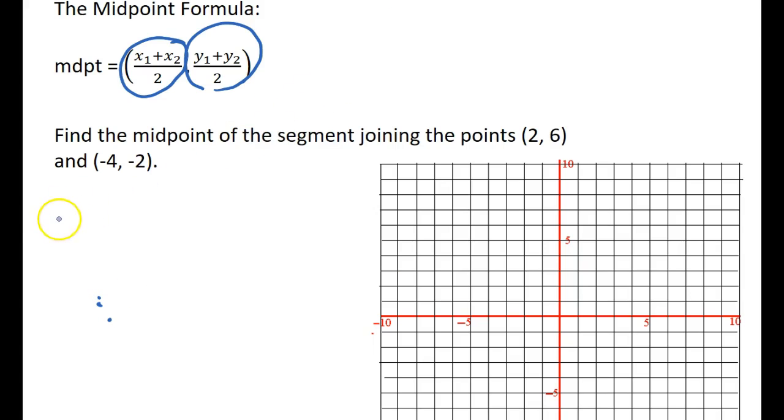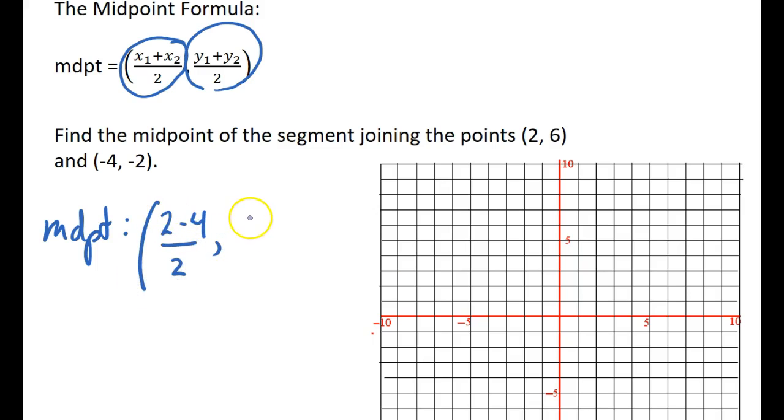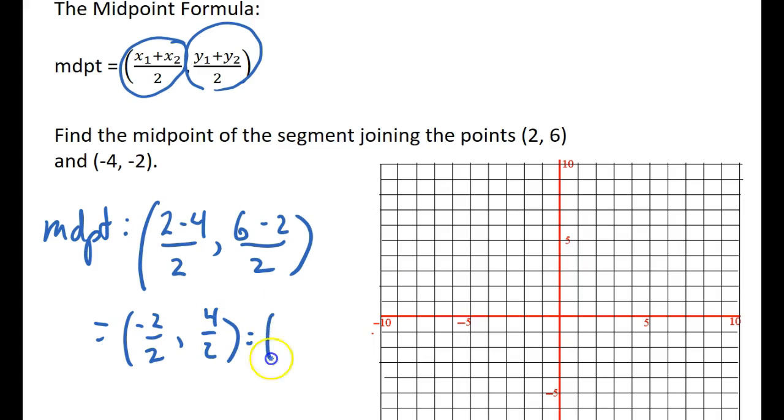And here is the midpoint. The midpoint between them is going to be the average of the x coordinates and the average of the y coordinates. And that's going to give me -2 over 2 and 4 over 2, which works out to -1, 2.